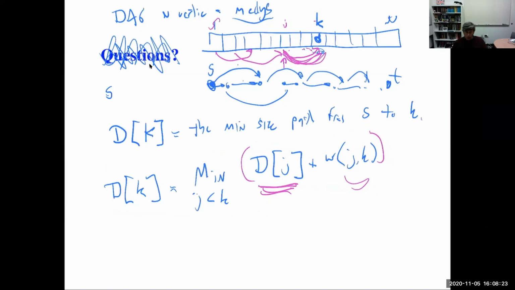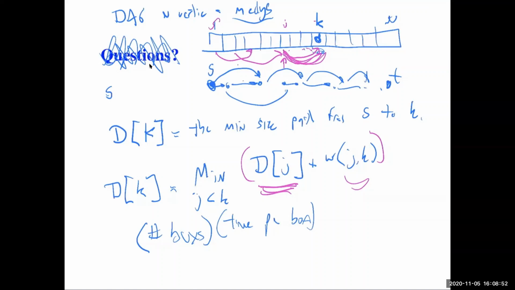So what is the cost of this algorithm? What is the running time? It's a function of how many boxes times the time per box. How many boxes are there in this recurrence on an n vertex and m edge graph? N boxes.